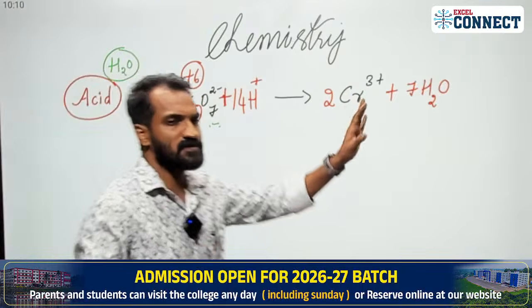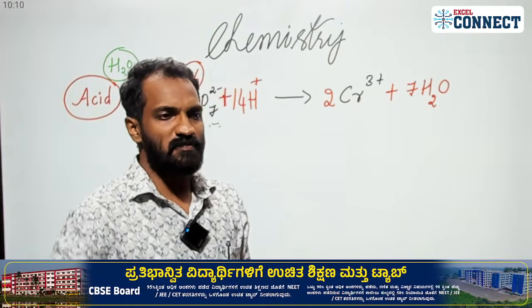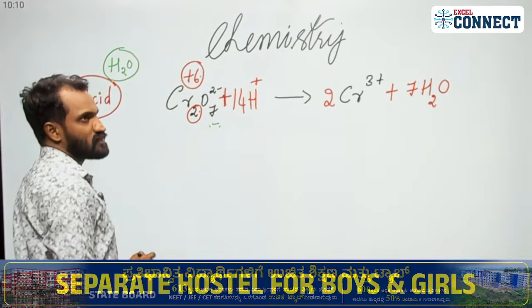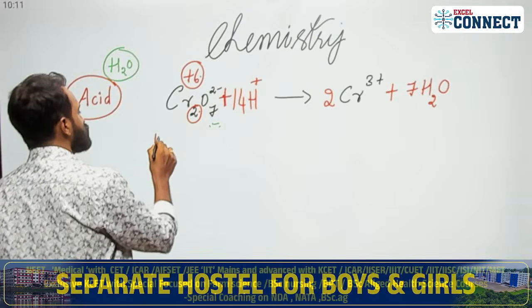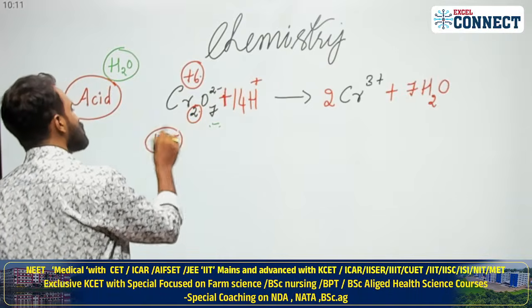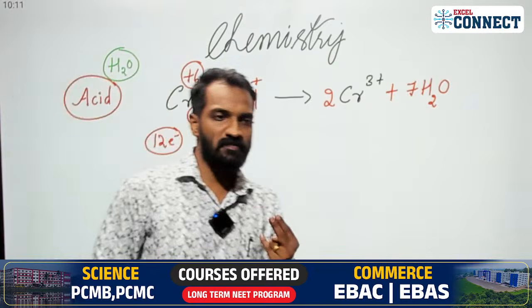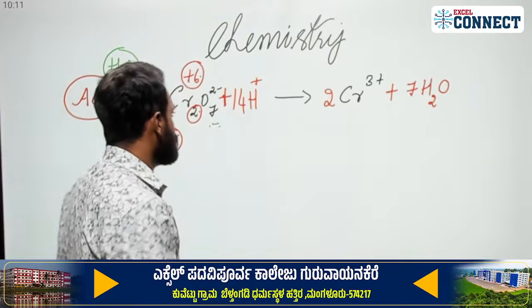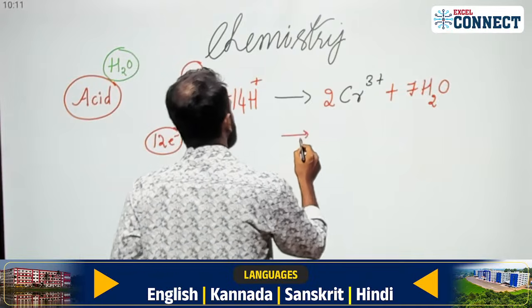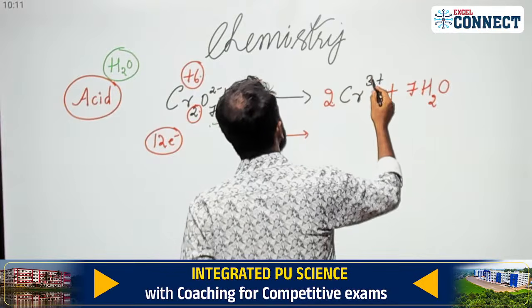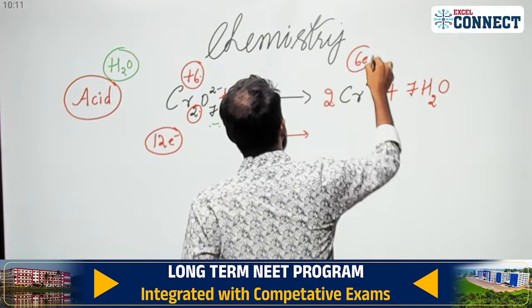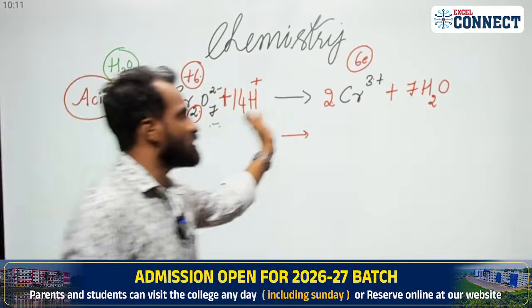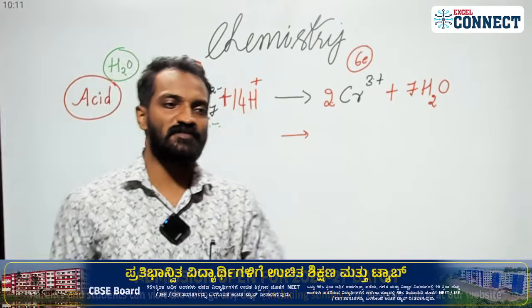Remaining all, we are not touching. 2 sixes are 12 electrons. 2 chromium need 12 electrons. Understood? On this side, 2 threes are 6 electrons. How many electrons do 2 chromium need here? 6 electrons. We are balancing electrons on this side and this side. This is a simple method of balancing.